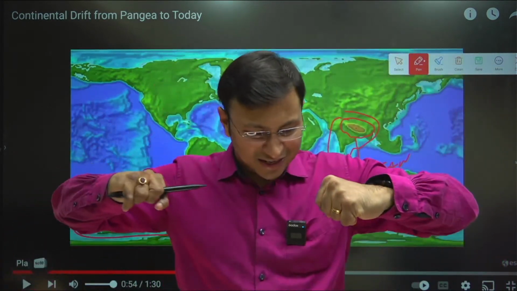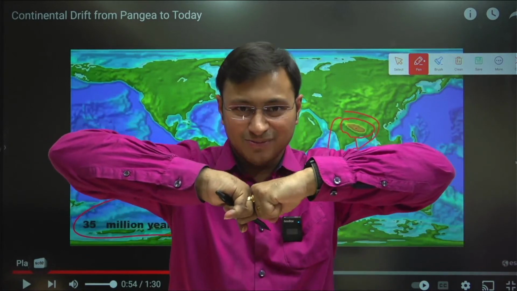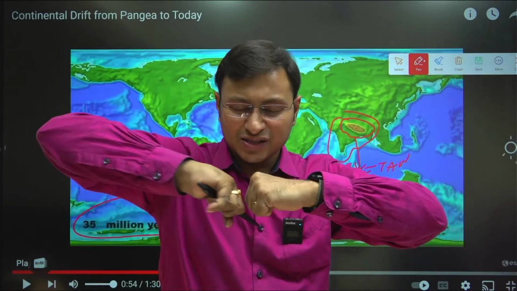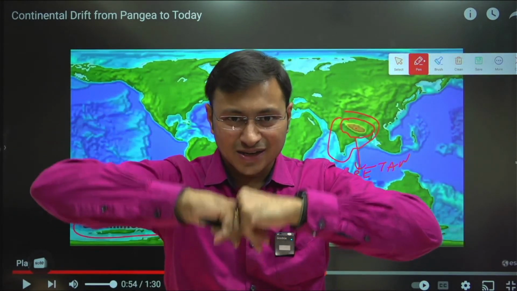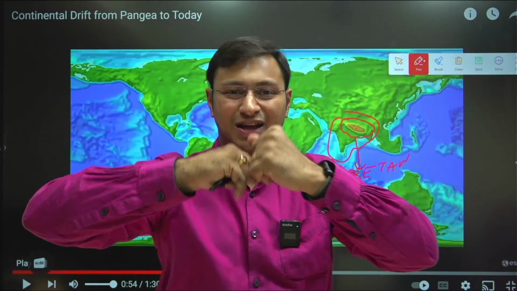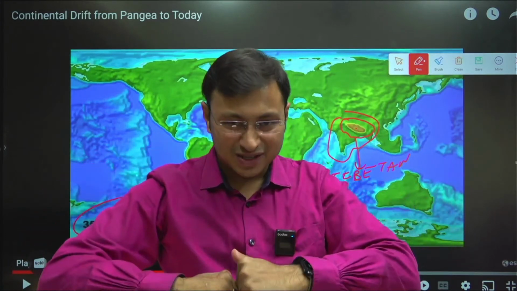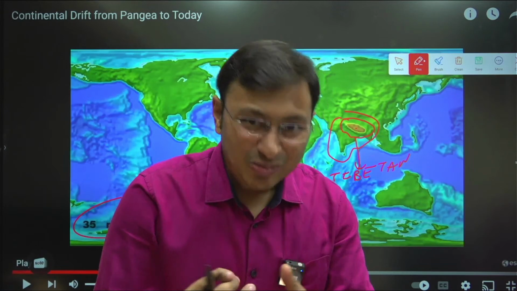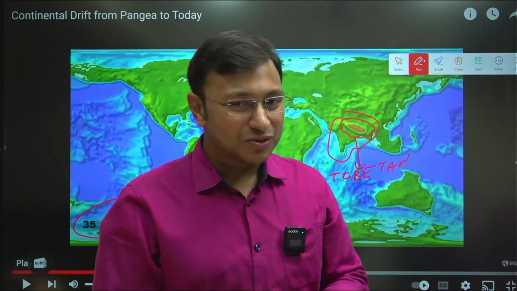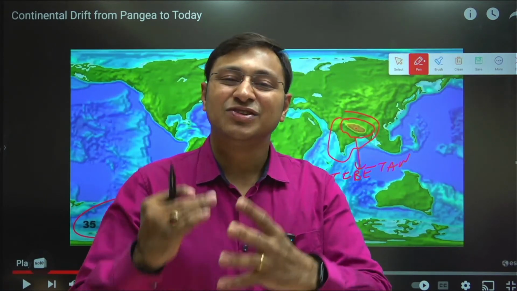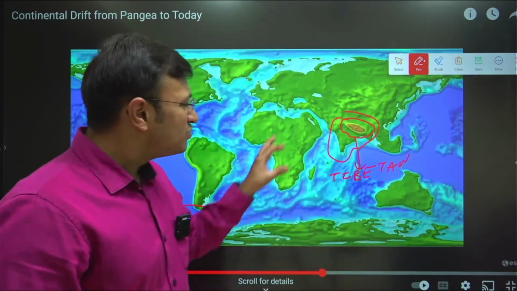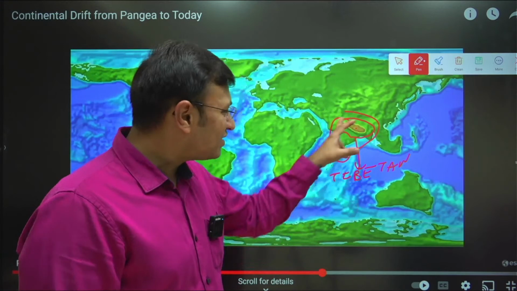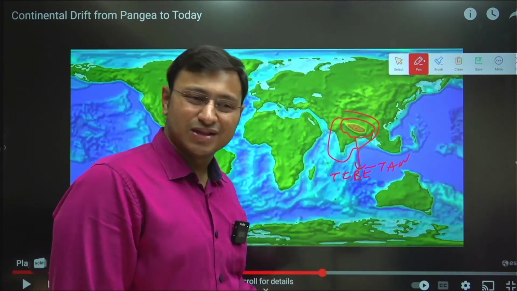Because as the Indian plate is colliding with the Eurasian plate, the landmass is pushed upwards, and Tibet becomes the world's rooftop. Hence, the Tibetan plateau is the world's highest plateau. It is also called the rooftop of the world. So using this breakup of Pangea, guys, you can very easily understand how Tibet is forming.